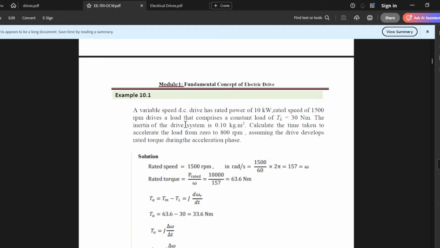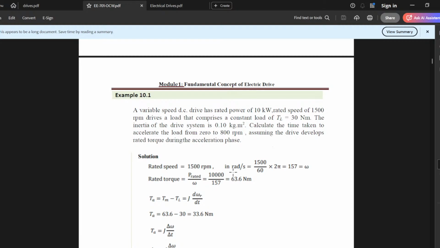Constant load torque is 30 Nm. The inertia is 0.1410 kg meter square. Calculate the time taken to accelerate the load from 0 to 800 RPM.